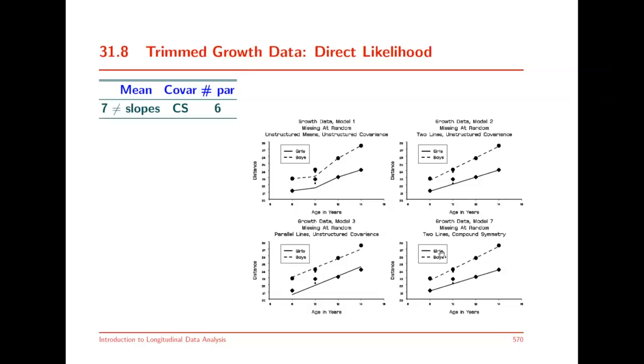But a very important observation is, if you look at the bottom right panel, but also the top left panel, we see that there are actually three things plotted. There is the big diamond, there is the small diamond, and there is the point on the line. That explains how MAR works with likelihood and that it works. The big diamond is the mean of, in the case of boys, the 7 boys still observed in the 1987 version.